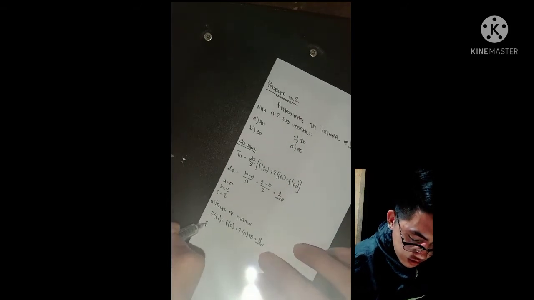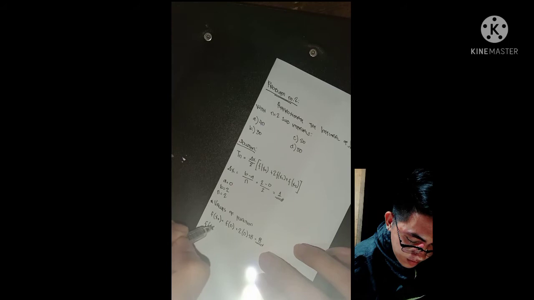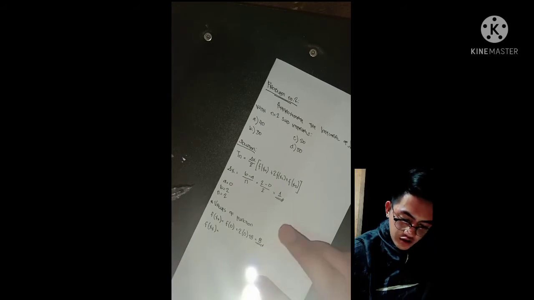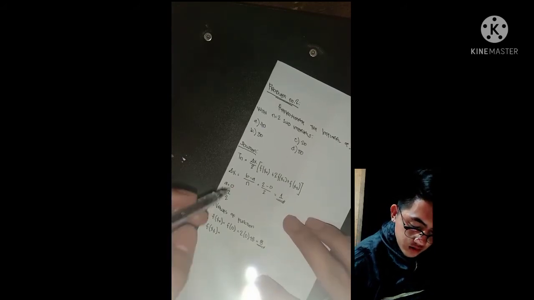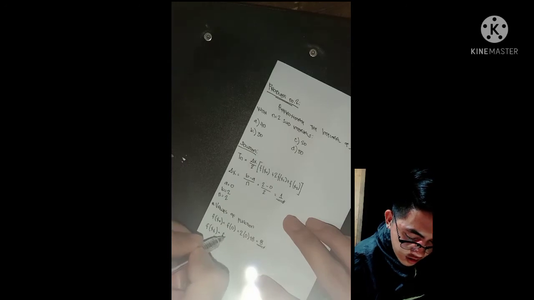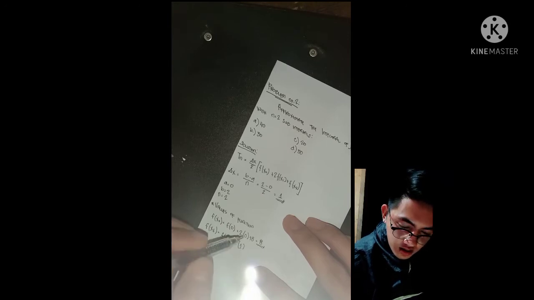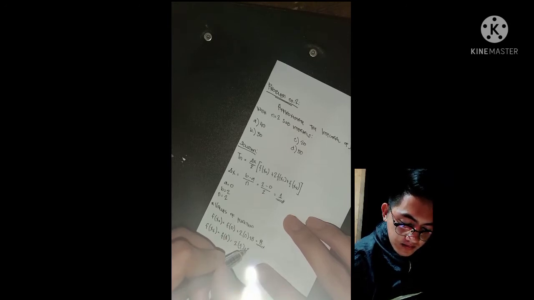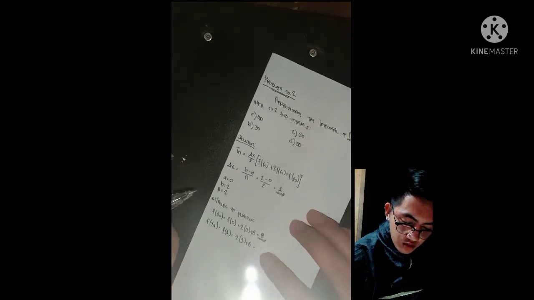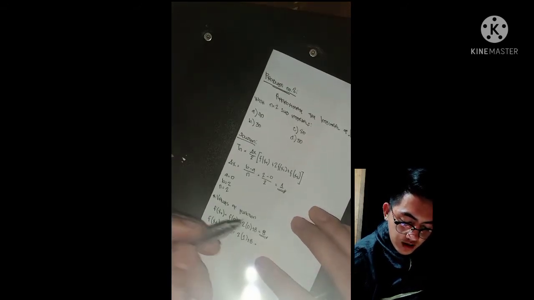Next, our function of x1: since our width of the interval is 1, 0 plus 1 is equal to 1. So 2 times 1 plus 8 equals 2 plus 8, which is equal to 10.